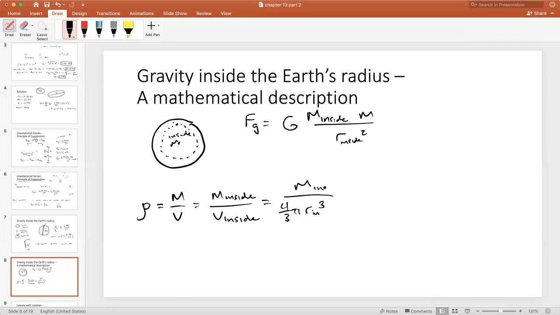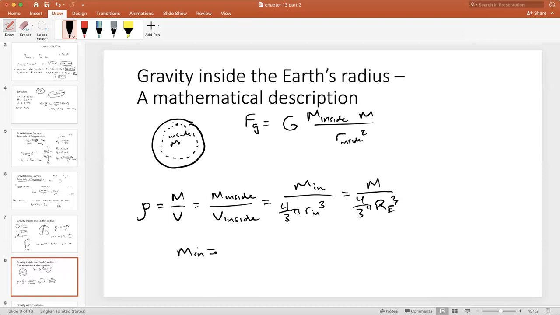So the density is equal to M over 4/3 pi big R, the radius of the Earth, cubed. And from that, we can determine what M inside is.